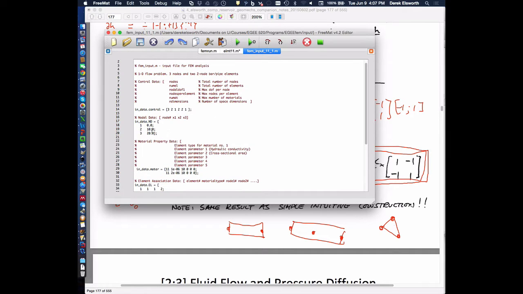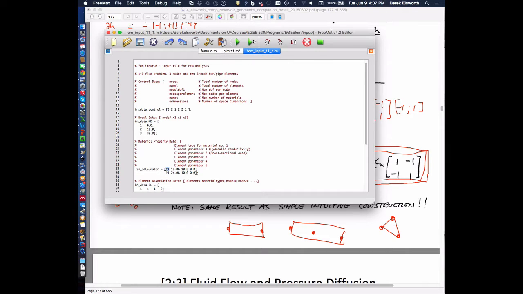Remember the dam problem? Node 1, 0, 0. Node 2, 10 meters along the dam. Node 3, 10 meters extra along the dam. This is the code for the element. It's a one-dimensional element for flow. The 1 is for one-dimensional element.